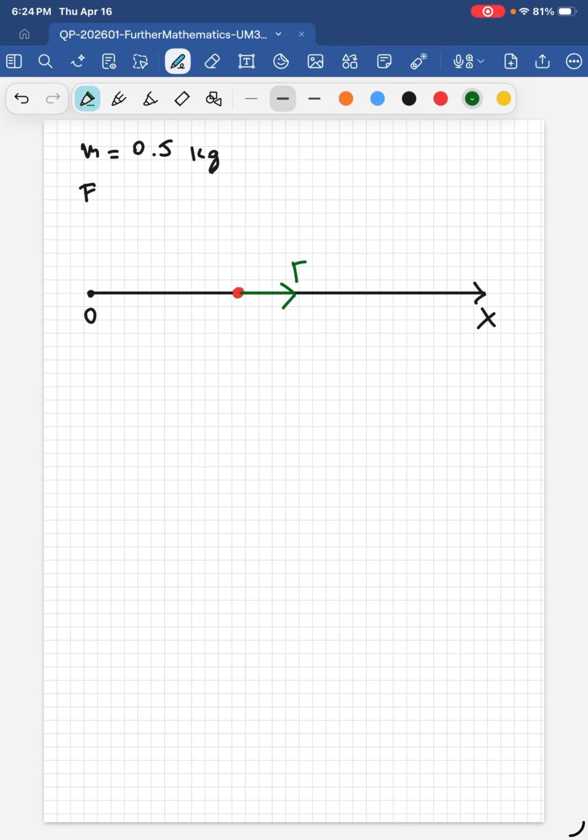So that's the force, that's the particle of mass m. Okay, and we are also given that the velocity as a function of x, which I put in parentheses, is the square root of 8x to the 3 halves minus 4 meters per second.